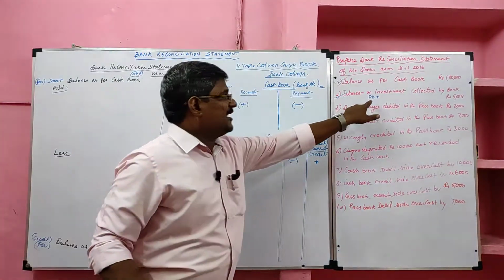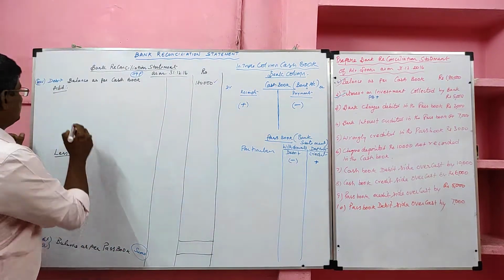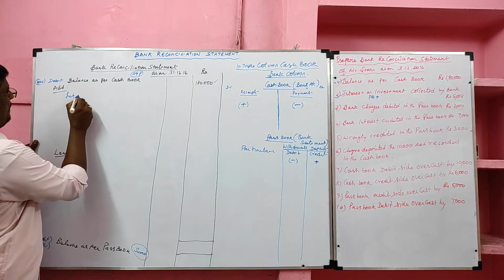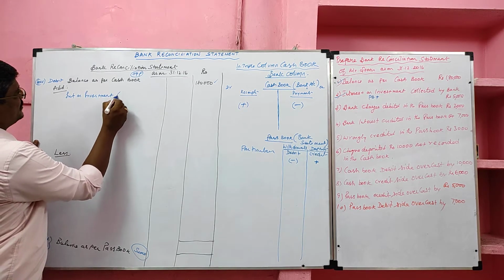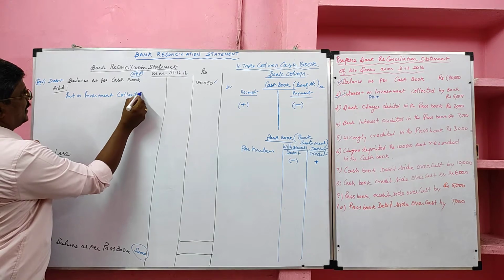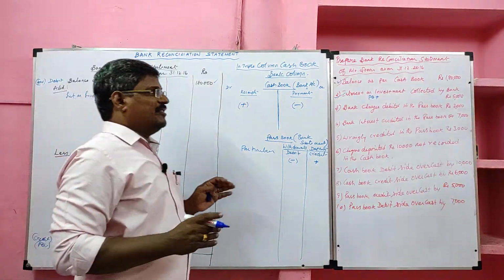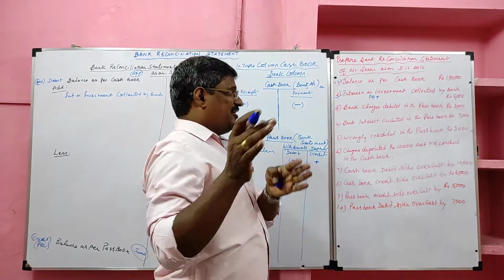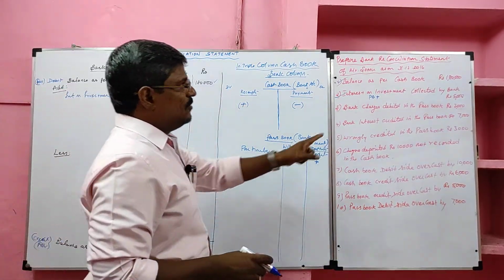So this transaction taken place in the passbook, it was added. Now we have to do the same thing. How much? 5,000.